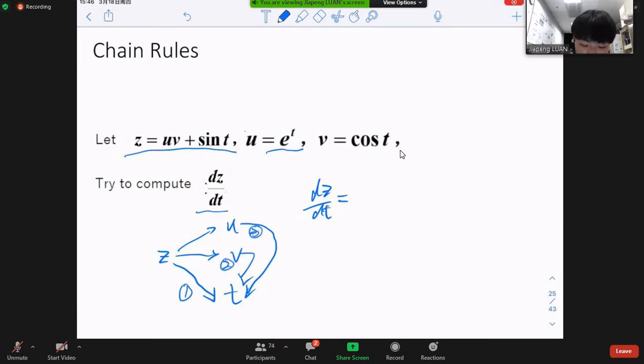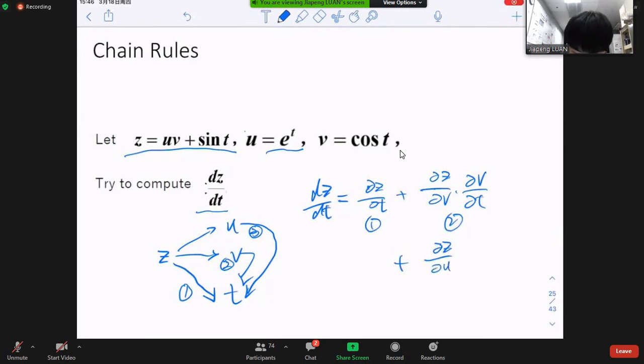So path 1 is dz by dt, and path 2 is dz by dv and dv by dt. And path 3 is dz by du and du by dt.